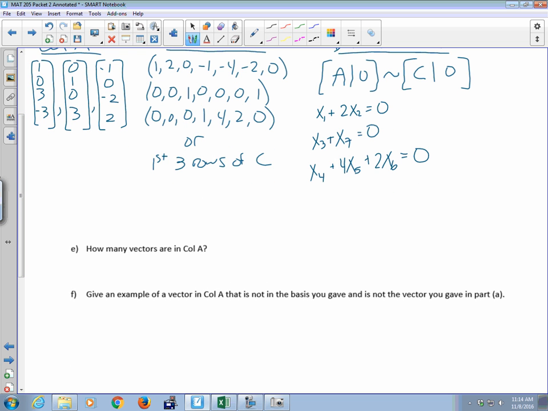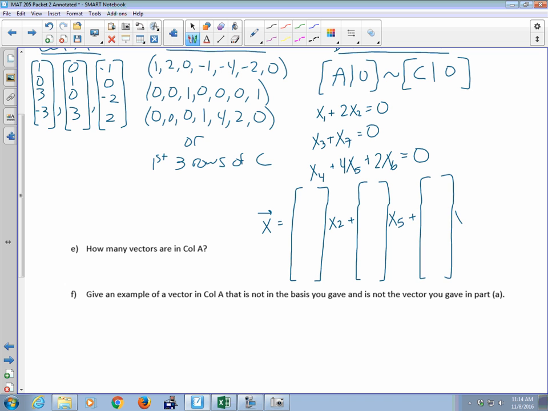So I have x, meaning x1 through x7, equals, and I get a vector for each of my frees, which are x2, x3 was a pivot, so that's not free. x4 is a pivot, that's not free, so x5, x6, and x7. So then I just have to figure out what goes in these vectors.